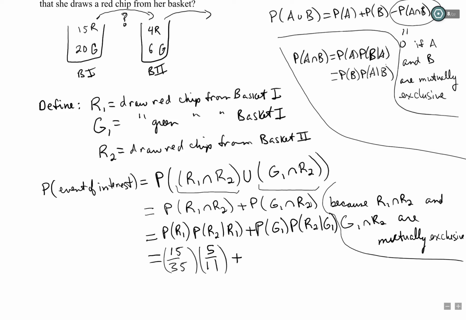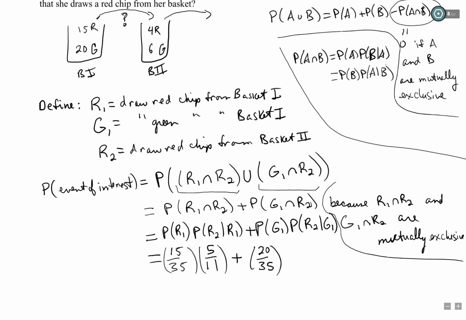Plus P of G1. We did that earlier. That's 20 out of 35. And P of R2 given G1. Given G1 has occurred, what does basket 2 look like?